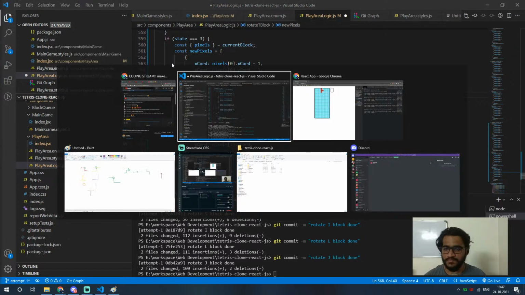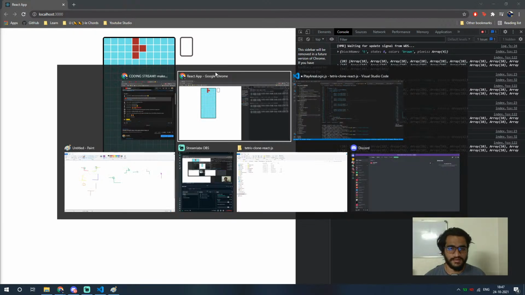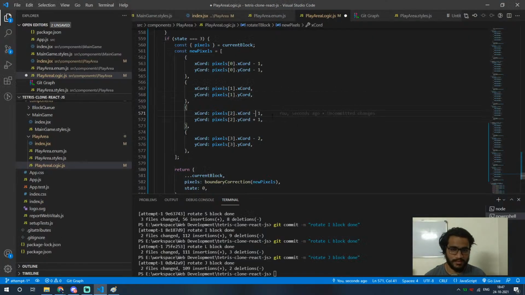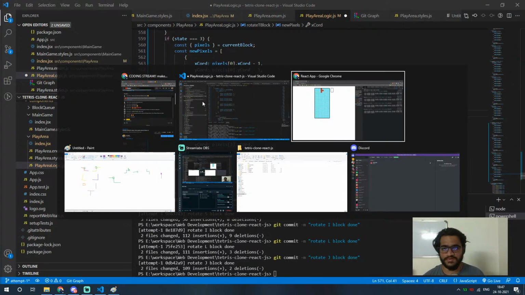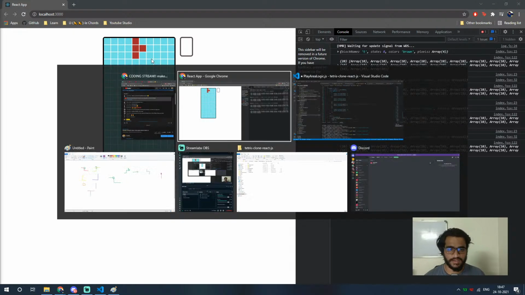Then the third, plus 1x plus 1y, plus 1x plus 1y, and this one would be minus 1x plus 1y.